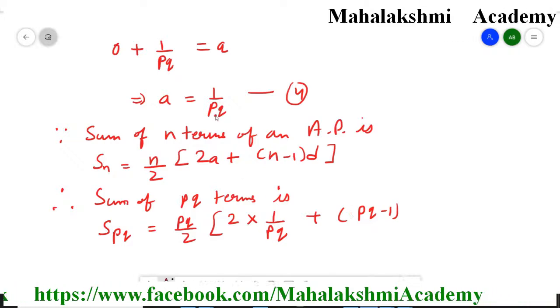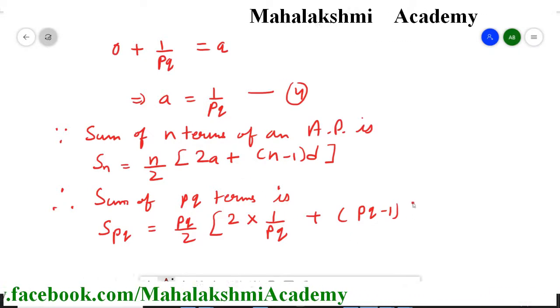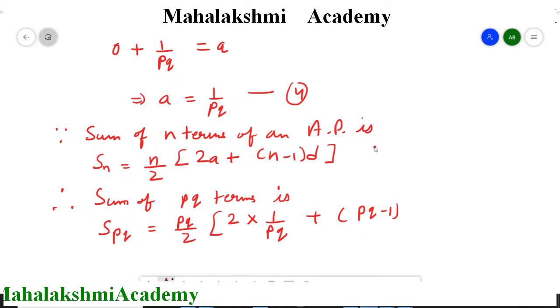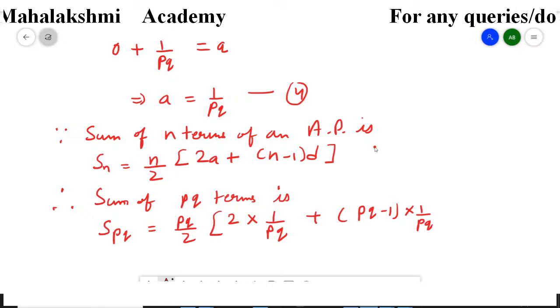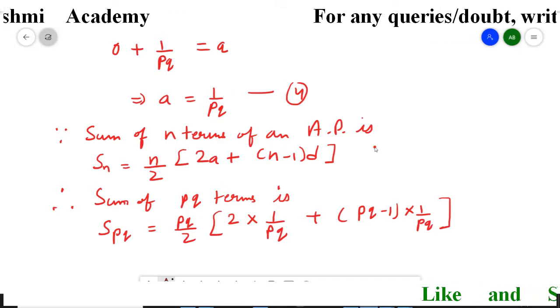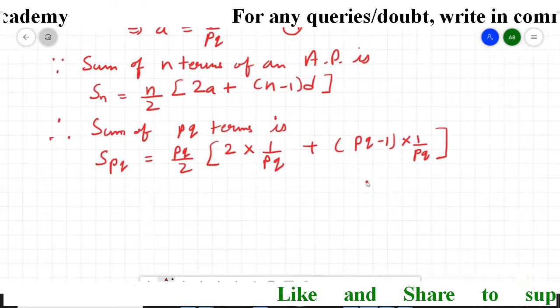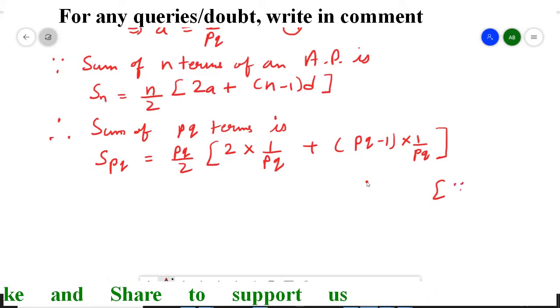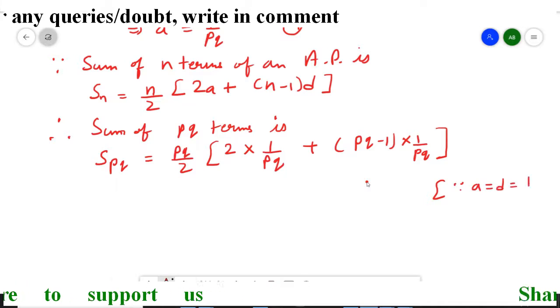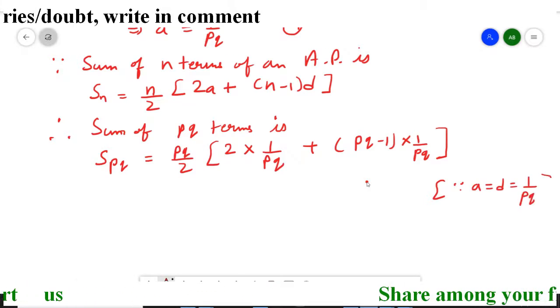And d we also calculated earlier in equation 3. That was also 1 upon pq. Now big bracket close. We'll write the reason: since a is equal to d is equal to 1 upon pq.